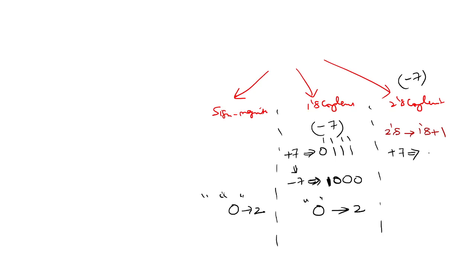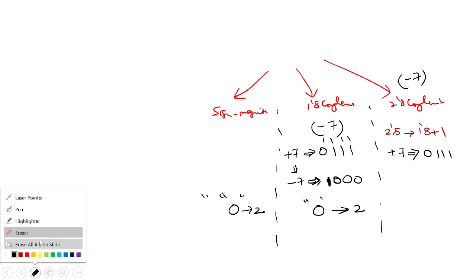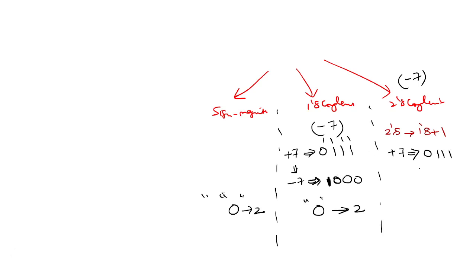What is the representation? 0, 1, 1, 1. Then get the 1's complement. How to get 1's complement? 1, 0, 0, 0. Add plus 1 to that. 0, 0, 1. That's it. 1, 0, 0, 1.